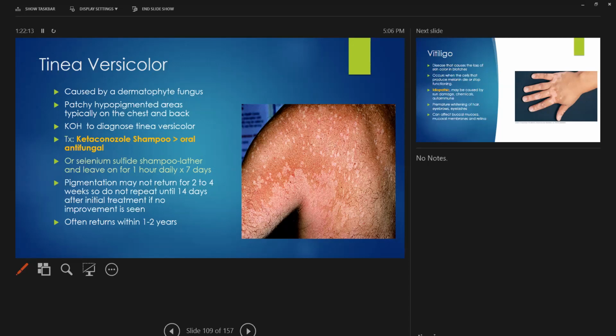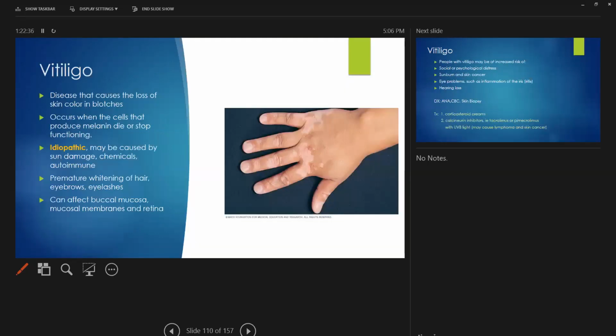So what they do is they take Selsun Blue and they lather their body in it. They leave it on for like an hour, and then they take a shower and rinse it off. And they do that for about 7 to 14 days. So there's also oral antifungals that are helpful if they're unable to do the selenium sulfide.